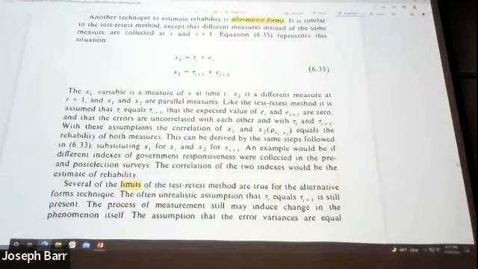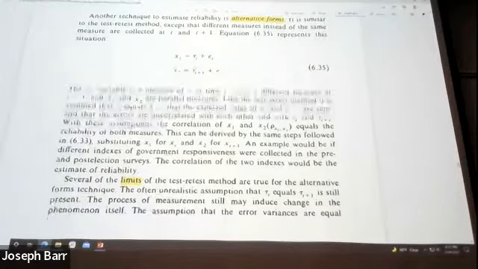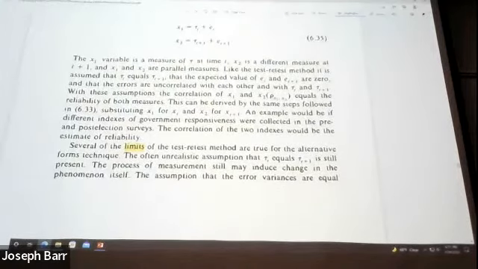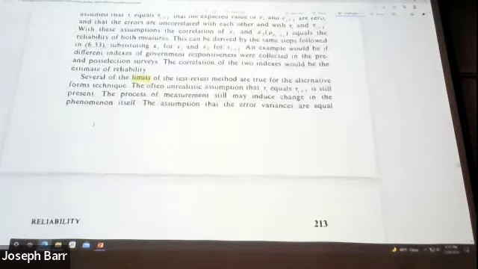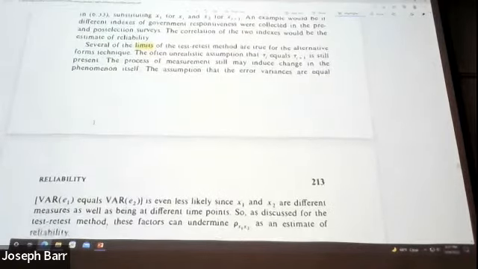We also collect at different time points, but we assume that the tau are the same because with alternative forms we assume these measure the same variable, the same trait. Several limits of test-retest are still true for alternative forms, so we cannot improve that a lot.